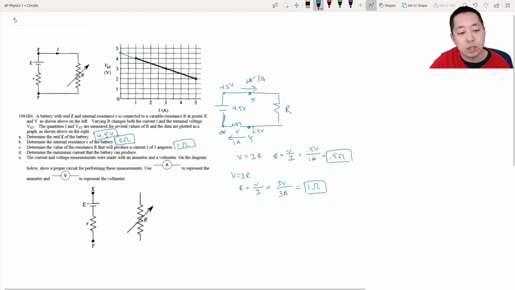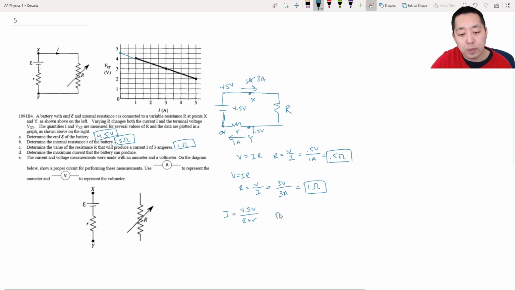Determine the maximum current that the battery can produce. This is a little bit tricky. Let's think of it as a battery and two resistances in series. The current is going to be 4.5 volts divided by R plus little r.